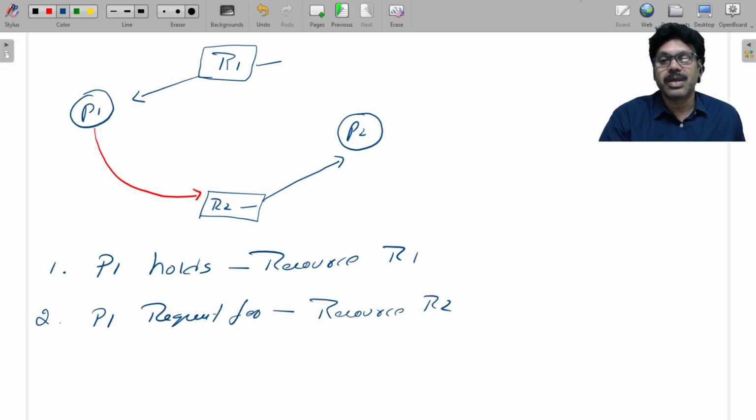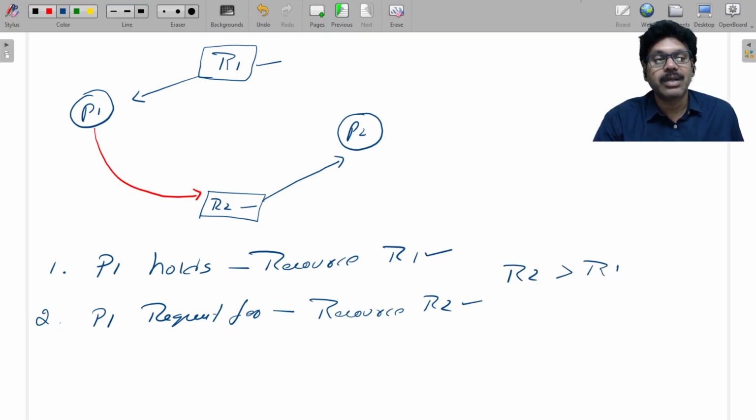So we want to cross check: your earlier number is R1, now you are requesting R2, so the R2 number is greater than R1. This condition is satisfied as far as P1 is concerned, because 2 is greater than 1.